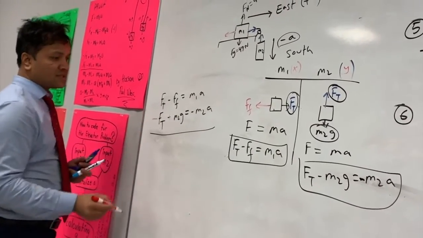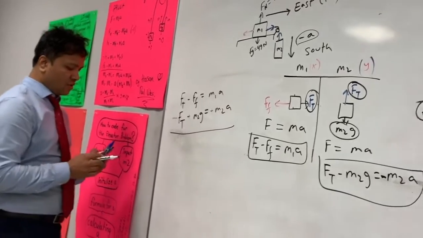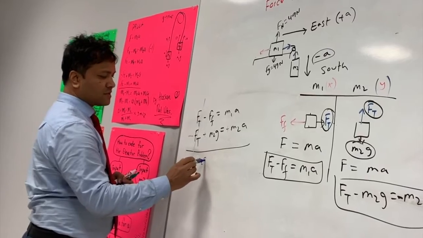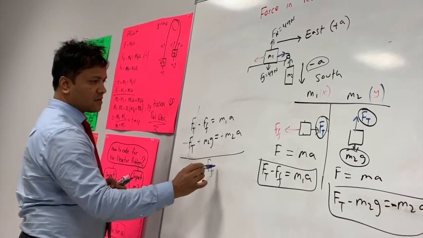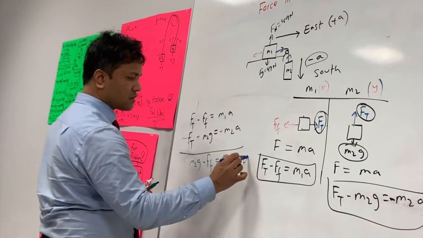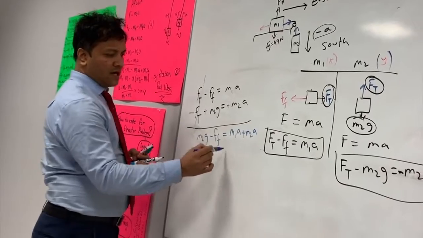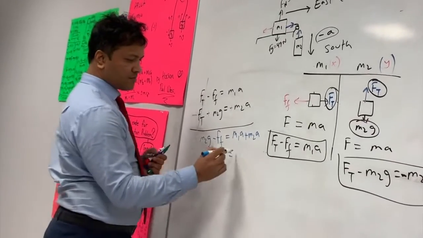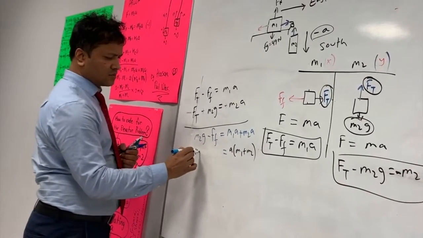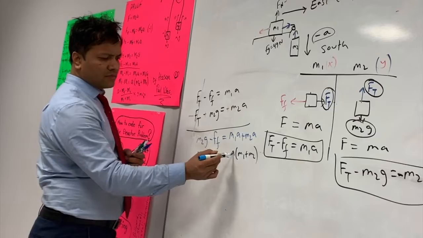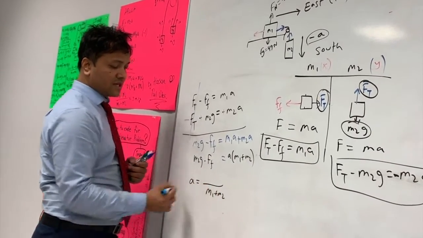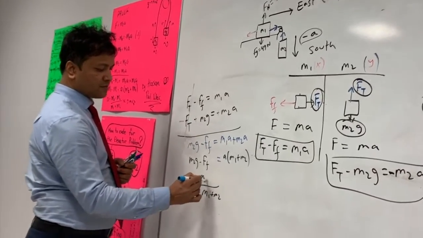So this negative becomes positive, this negative becomes positive. Look what happened: the Ft cancels. I'm going to write the positive term first, M2g, and then minus Ff, equal to M1a plus M2a. Now I have the common factor a, times (M1 plus M2), and here I have M2g minus Ff.